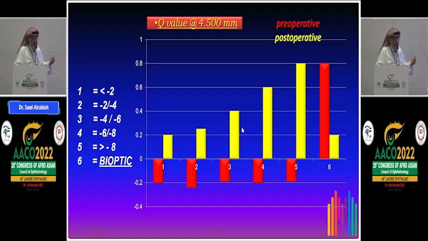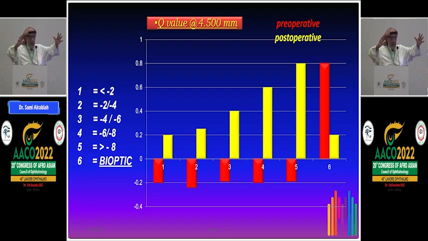Whenever you do myopic correction, you flatten the center and you make a shoulder for the periphery. So your Q value is either reduced from the minus or even gets plus, which means that the light goes up again. Is that clear? So spherical aberration becomes more positive.